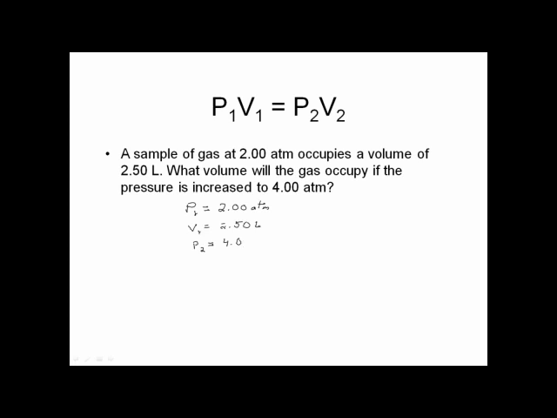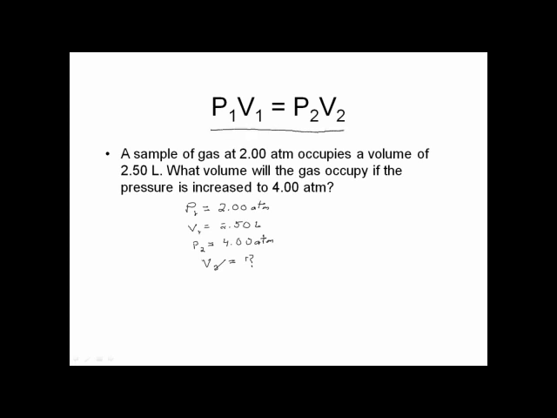So we have a final pressure of 4 atmospheres, and it did say what is the final volume. So our V2 is what we don't know. We're trying to solve for V2.